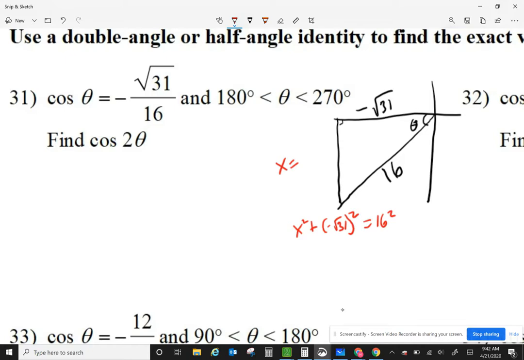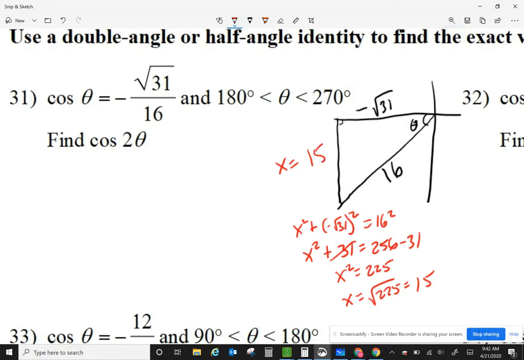So that means that x squared plus 31 is equal to 256. Let me subtract 31. That means that x squared is equal to 225. That means that x must be the square root of 225, which is better known as 15.